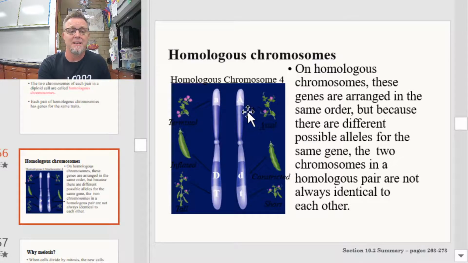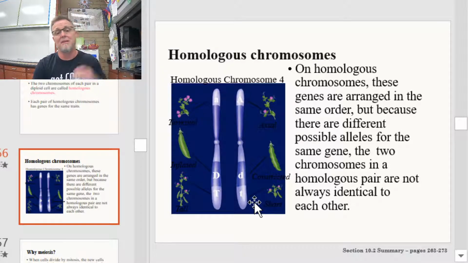Axial is a flower position, terminal is a flower position. Tall and short are genes for height, right? So big T for tall, little t for short, that's genes for the same traits in the same place. They're slightly different from one another, so we refer to them as alleles.